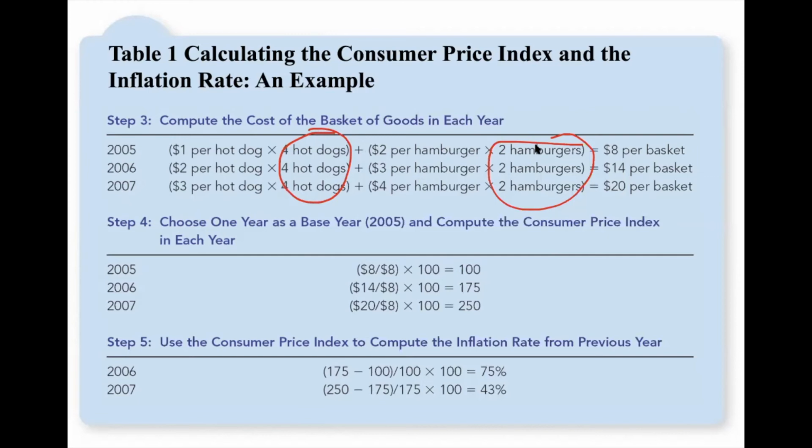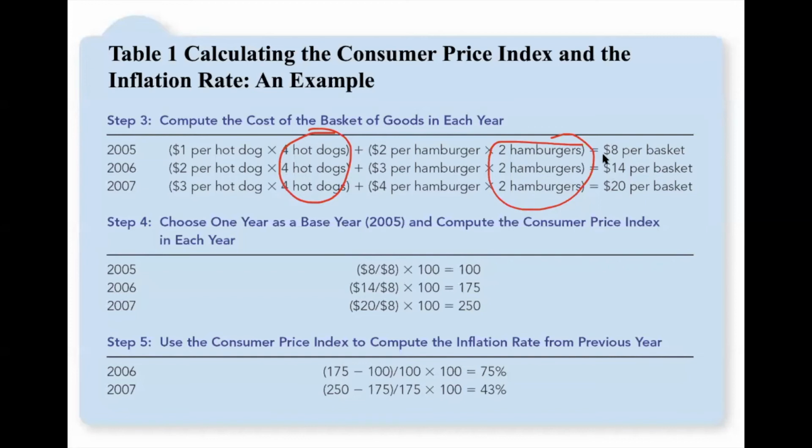So in reality, they need to conduct a survey to make sure what is actually the basket of the typical consumer, okay? But in this example, we just fix this to show how the basket is computed.